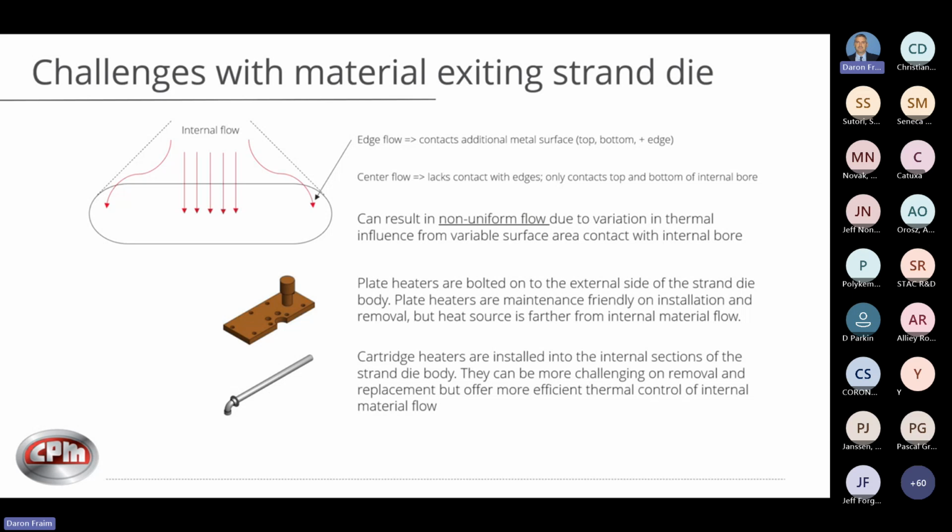With the heating and cooling, the metal tends to oxidize, and they can get stuck inside that bore. So they're not always easy to remove. Sometimes they have to be drilled out. But the key difference is you get a little more internal heating with the cartridge heater. It's closer to your material flow path in the internal bore, whereas the plate heaters heat more from the outside in, so you're more externally heating.